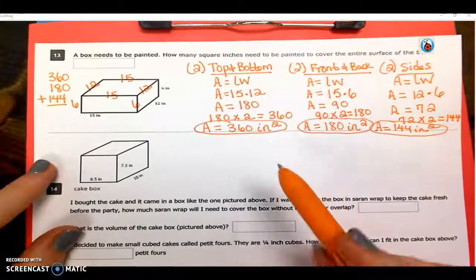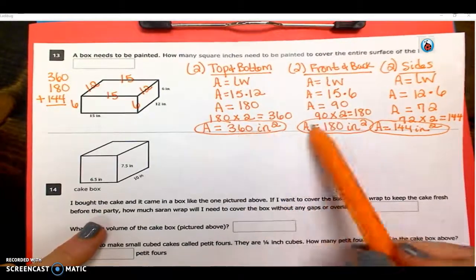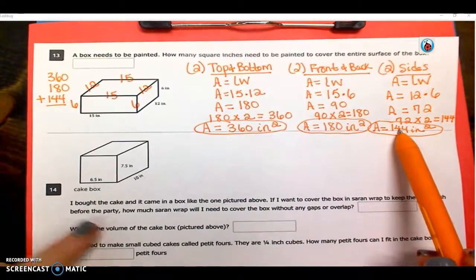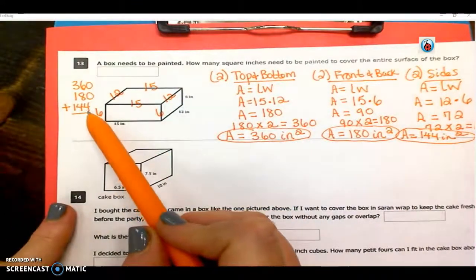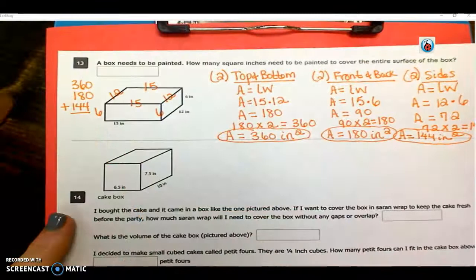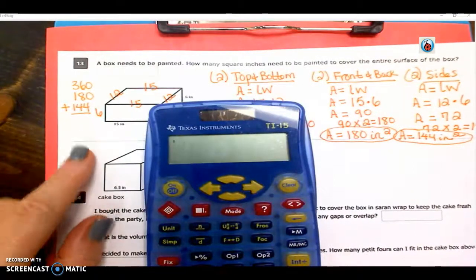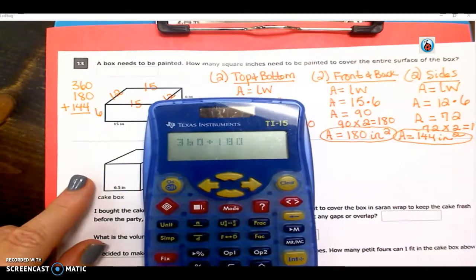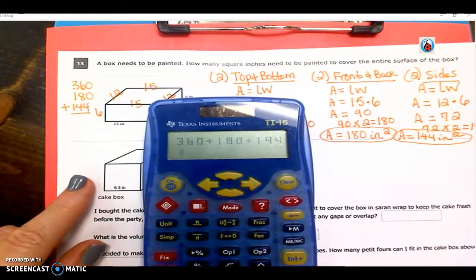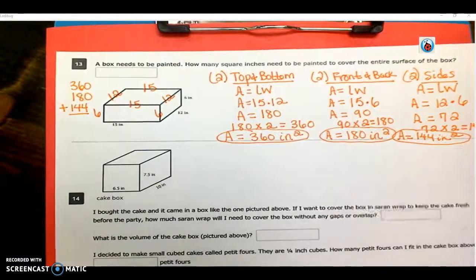Okay, so in the last video, we left off with, we had found the area of all the sides, and so we were adding up each area to find surface area. So if you will take your calculator or just simply add it up on paper, we have 360 plus 180 plus 144. And that's going to give us 684.